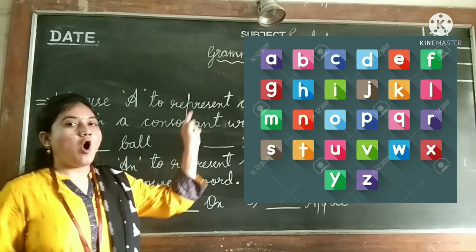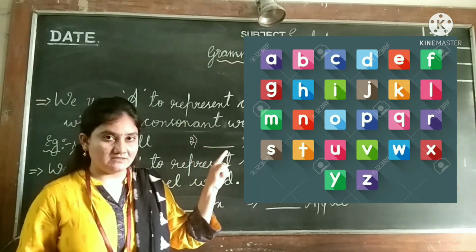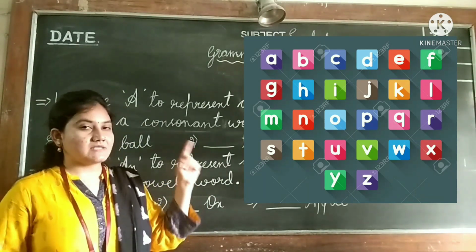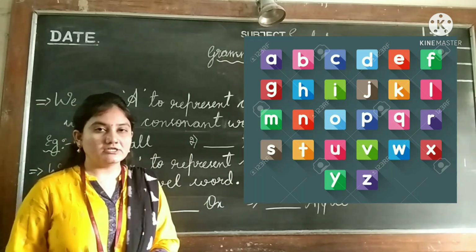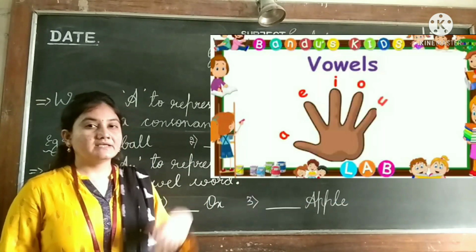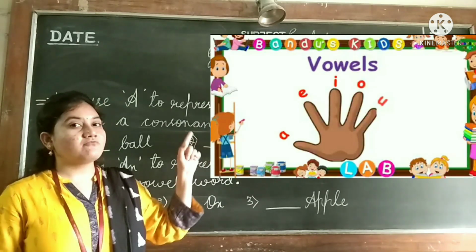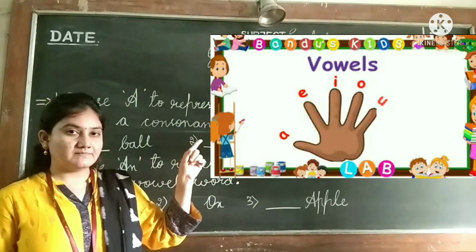Among all these 26 letters, some are vowels and some are consonants, isn't it, children? You already know that there are 5 vowels.